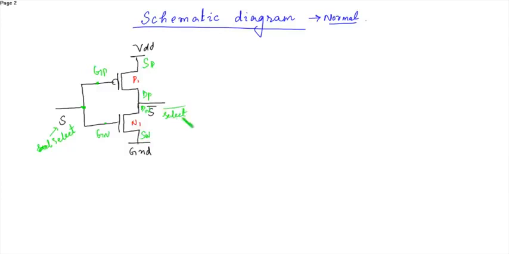Okay. Now this is given to the transmission gate. This is the input.